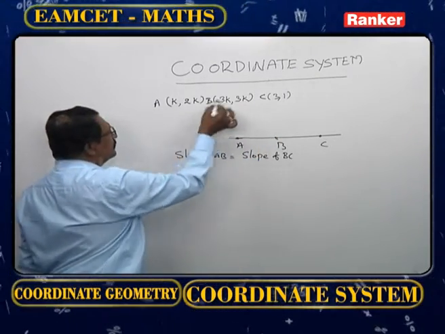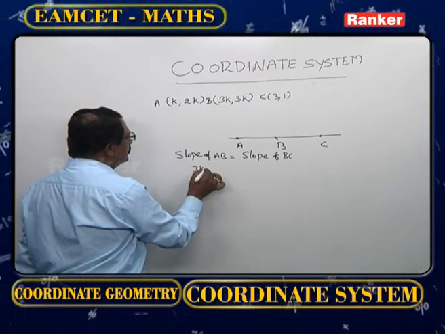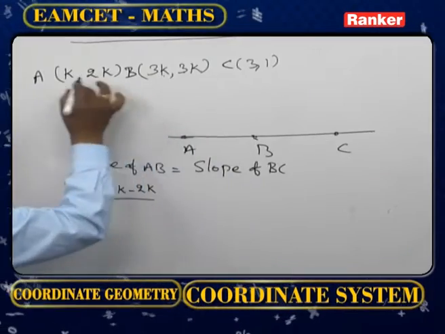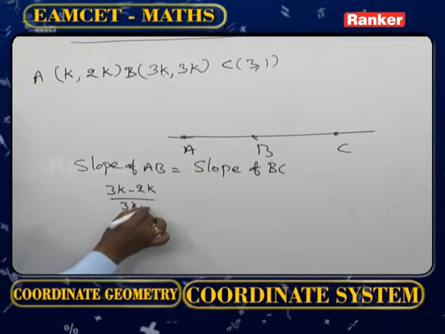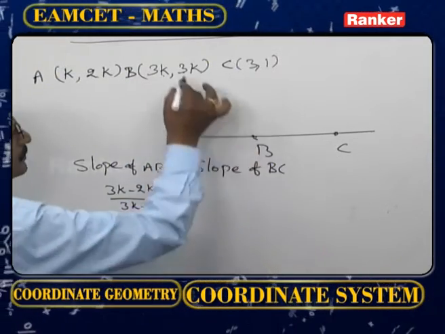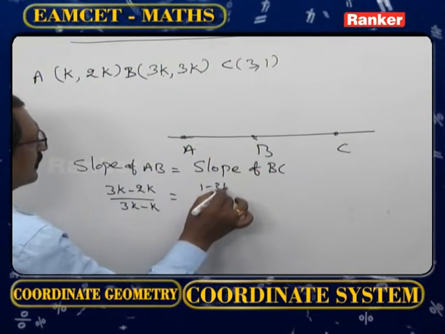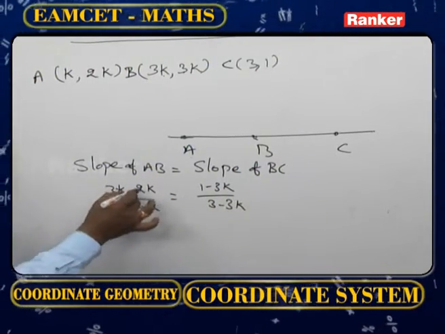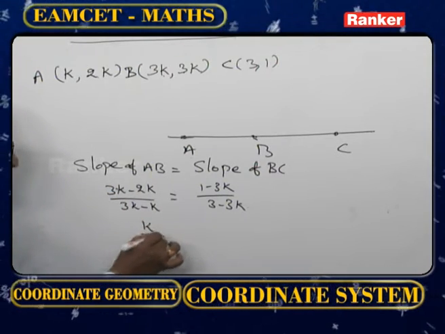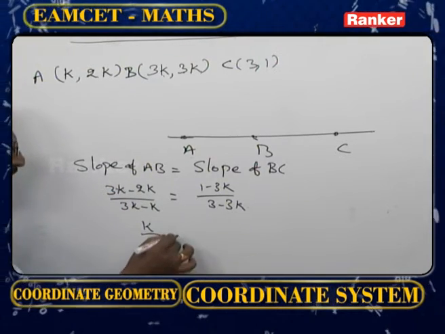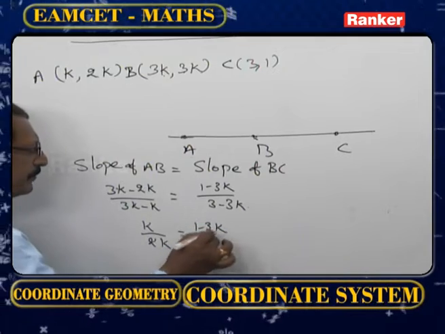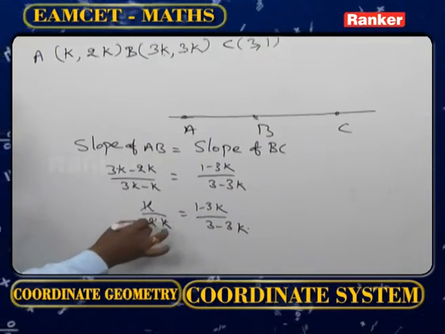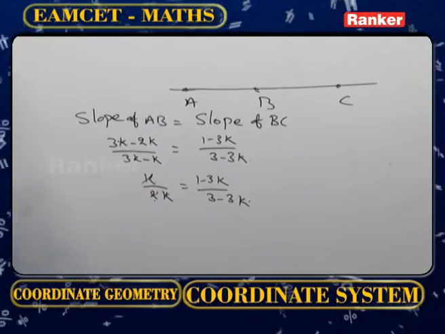Now slope of AB equals y2 minus y1 by x2 minus x1, which equals slope of BC, 1 minus 3k by 3 minus 3k. Now 3k minus 2k equals k by 2k equals 1 minus 3k by 3 minus 3k. Now k cancels. Now 1 by 2 equals 1 minus 3k by 3 minus 3k.